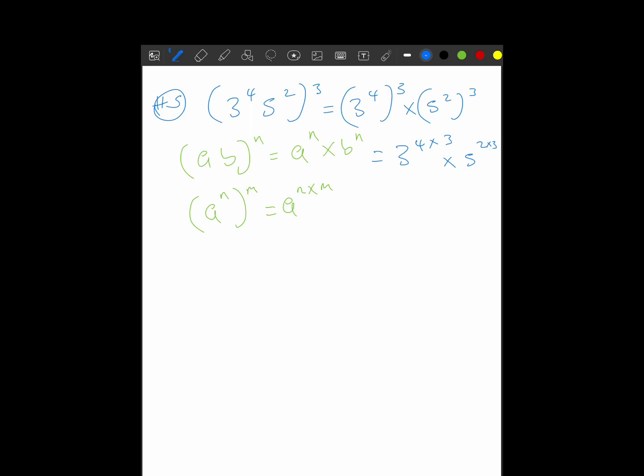These laws of exponents come naturally and they just make sense. So this is 3 power 4 times 3, which is 12. And 2 times 3 is 6. And that's your answer. Okay, let me give you another one.